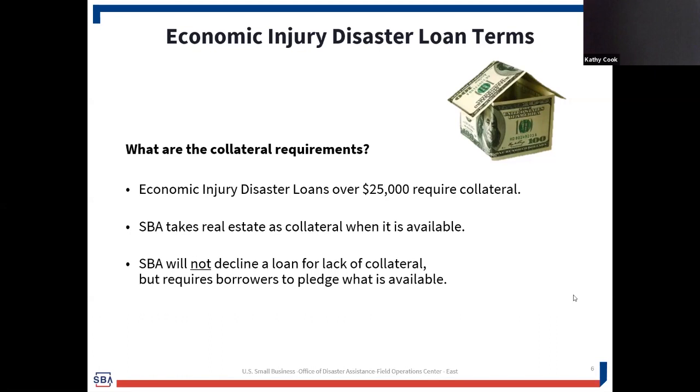I already have 2 liens on my property and I don't want to have a third. Then we have 2 options. Either you ask for a loan for $25,000 or you decide to withdraw your application. Because legally we cannot lend you over $25,000 without having some collateral. So these are the options. Next slide, please.